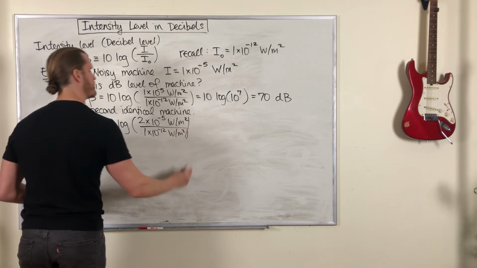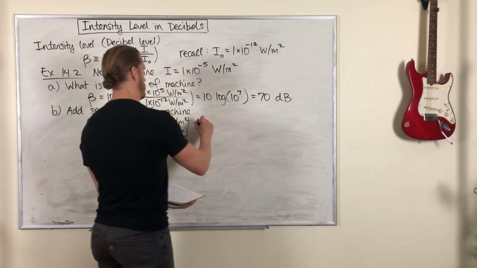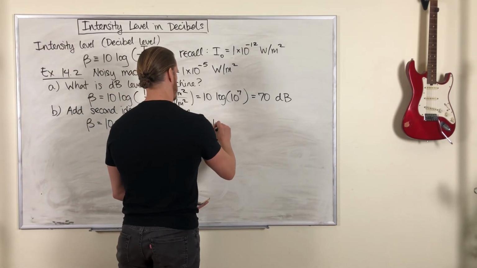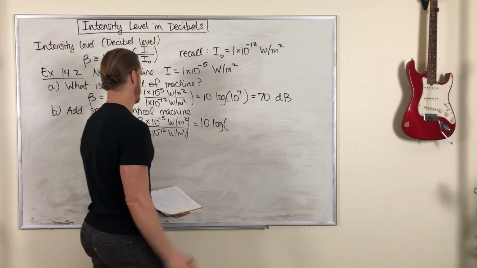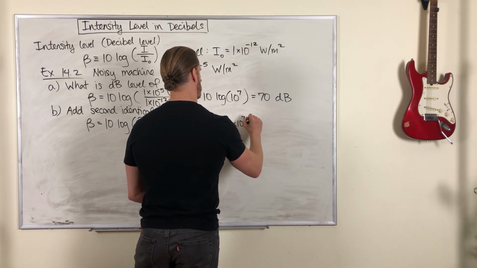Now check this out. This is 10 log 2 times 10 to the 7.